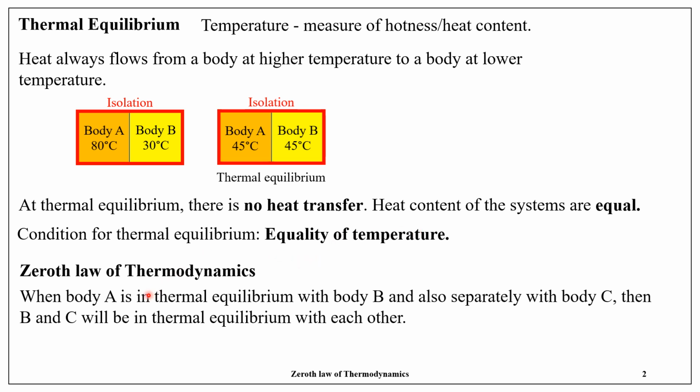So when body A is in thermal equilibrium with body B and also separately with body C, that means body A is in thermal equilibrium with another body C, then C and B are said to be in thermal equilibrium with each other.